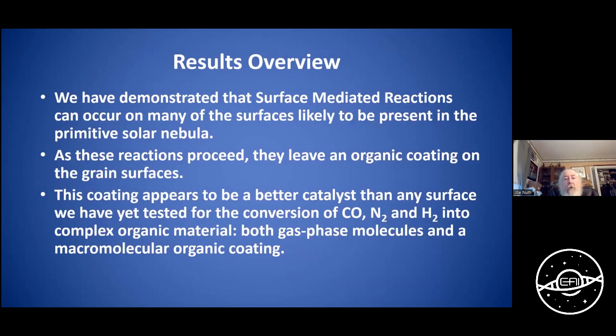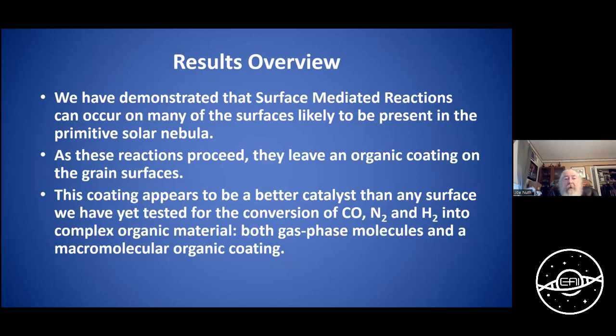So what we demonstrated in these reactions is that surface mediated reactions occur on lots of surfaces. We did iron silicates, magnesium silicates. We actually even did graphite at one point. Every time that we ran, we would start out very slowly.